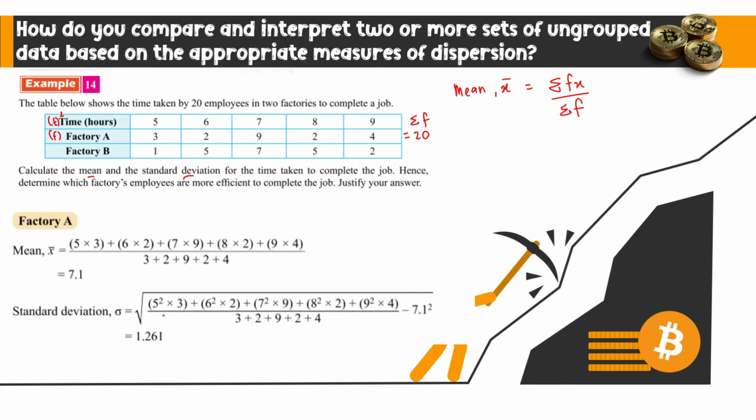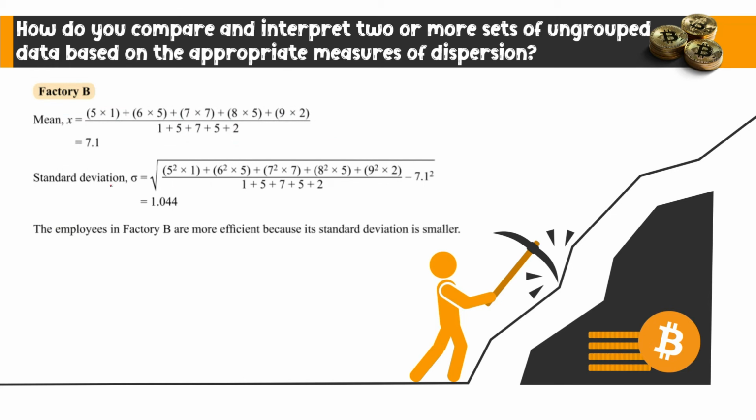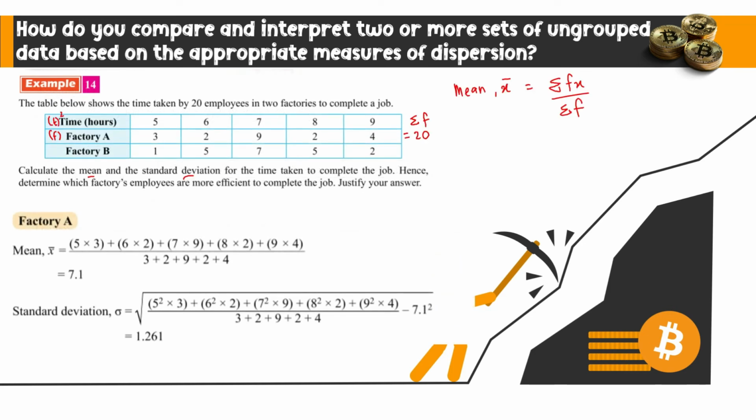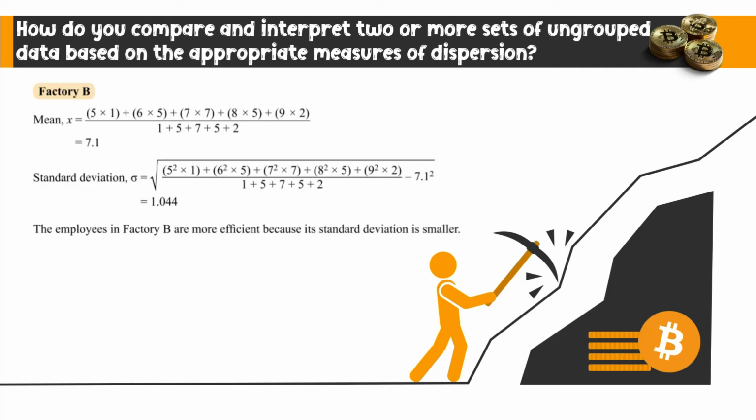Okay, for factory A. So for factory B, the mean is fx divided by n. So you get 7.1. Is it the same? I think it is the same. The mean is the same. Okay, and then the standard deviation, you get 1.044.